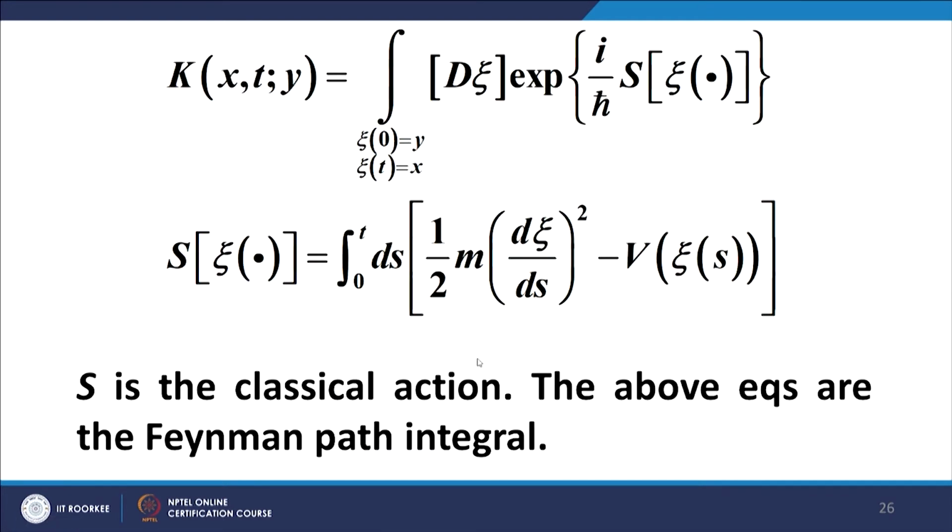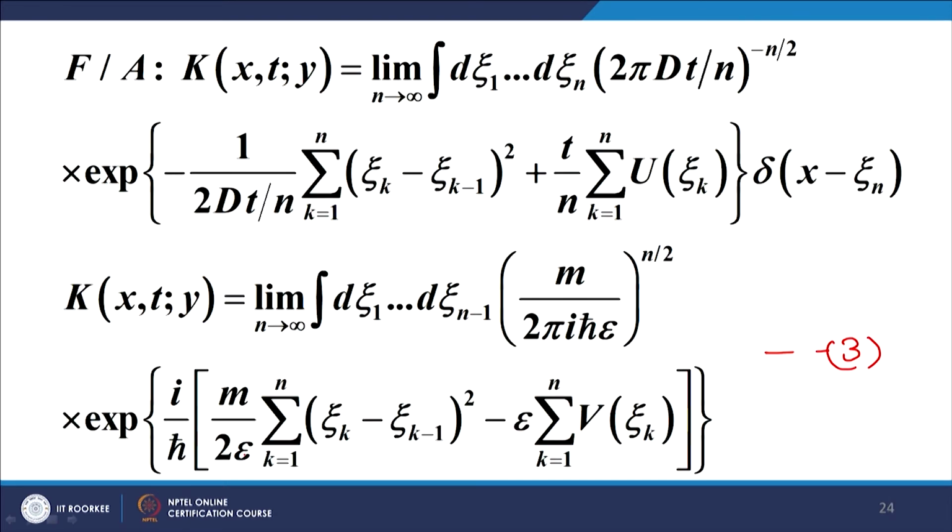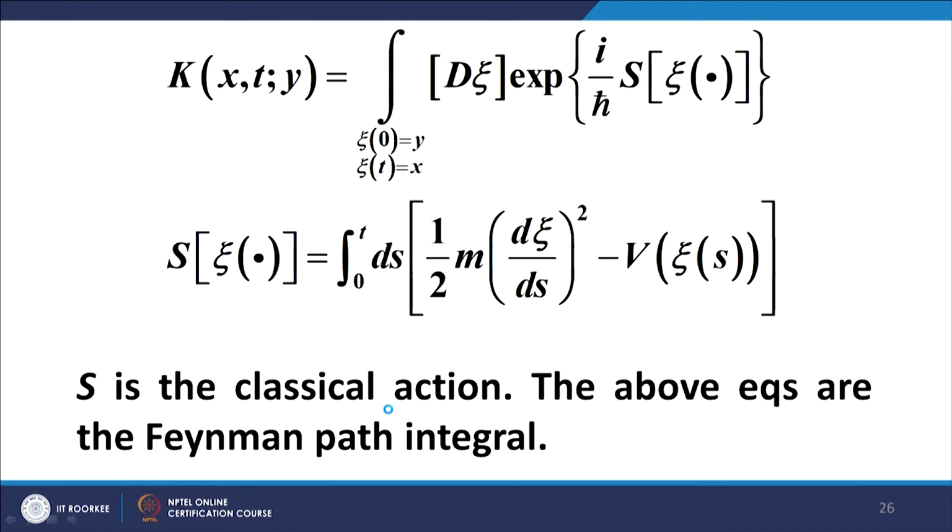And as far as the classical action is concerned, if you look at what we had earlier, and simplify this expression a bit, you find that it is nothing but the classical action in terms of the Lagrangian. The first term is nothing but the kinetic energy, the second term is nothing but the potential energy. So, the action is nothing but the time integral of the Lagrangian as we normally expect in non-relativistic classical and quantum mechanics.